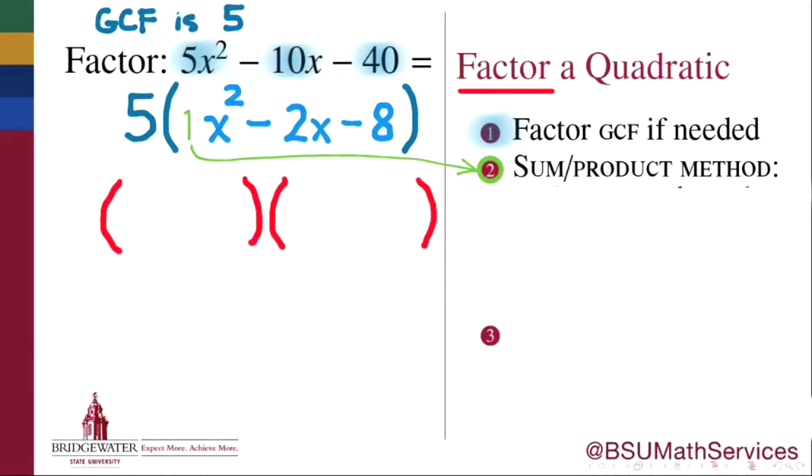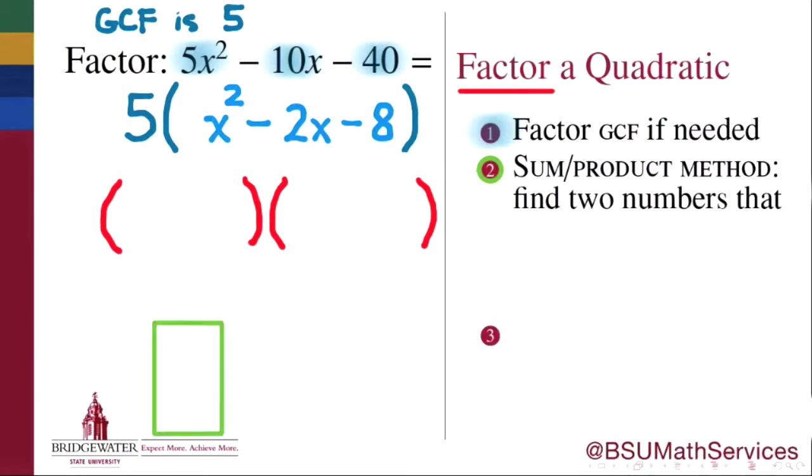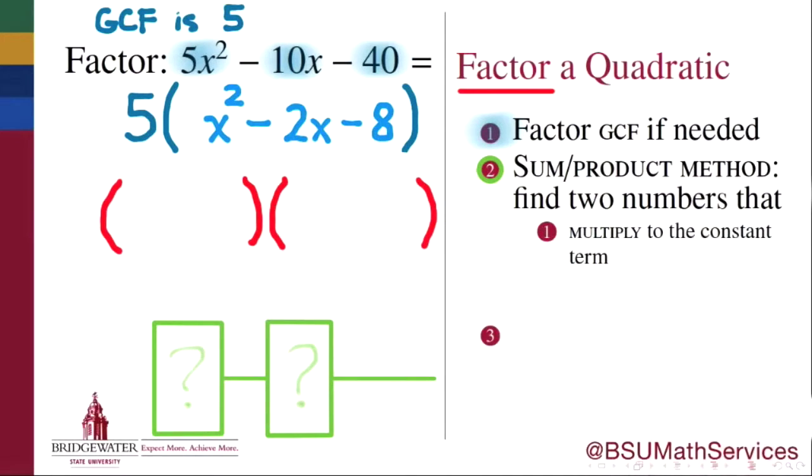The sum and product method works by searching for a pair of integers, whole numbers, whether they're positive or negative, that has 2 properties. The first property is that the product of these 2 numbers has to give us the constant term of our quadratic trinomial. So our numbers have to multiply together in this example to give minus 8.